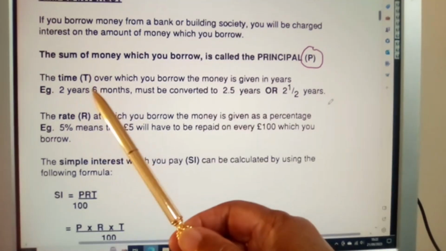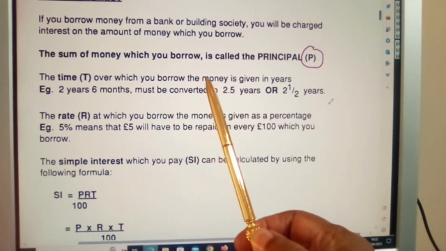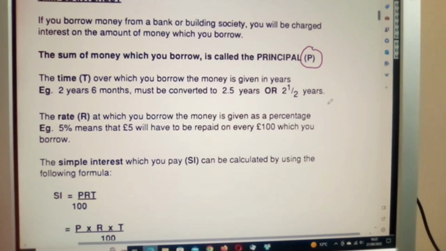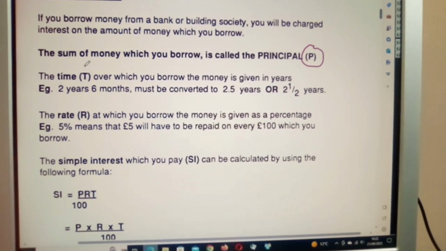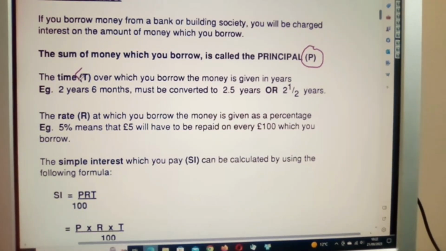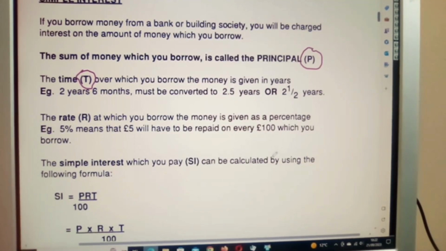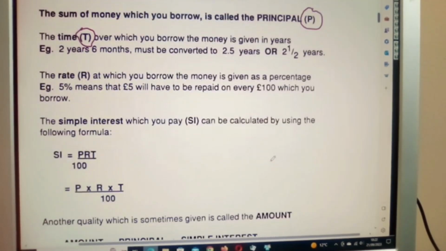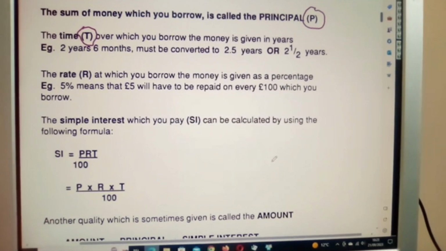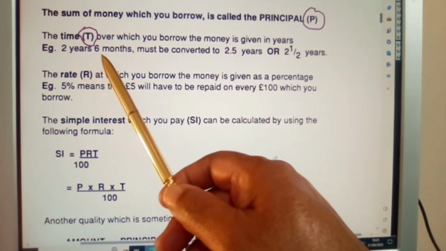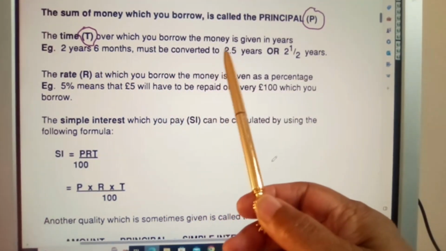The time T over which you borrow the money is given in years. Time T, and that is our T here. Example, 2 years 6 months must be converted to 2.5 years.